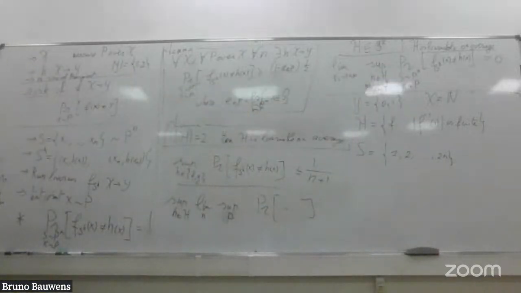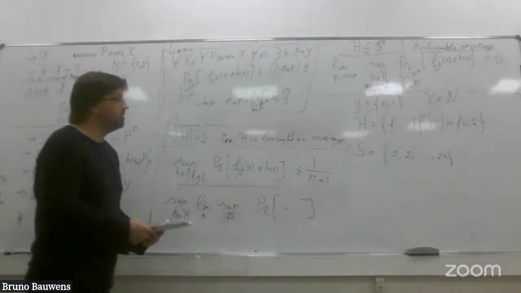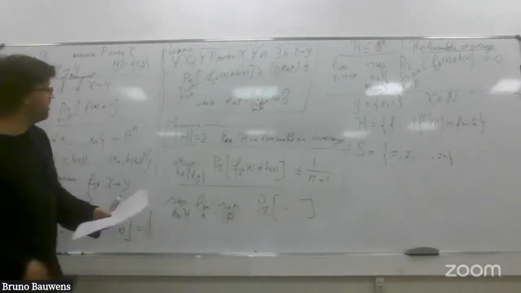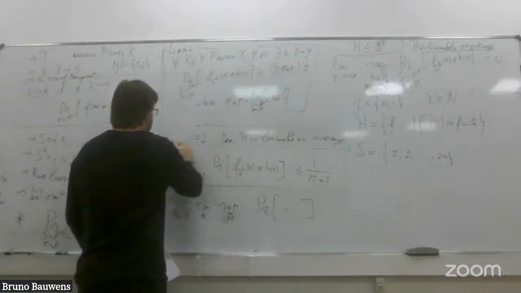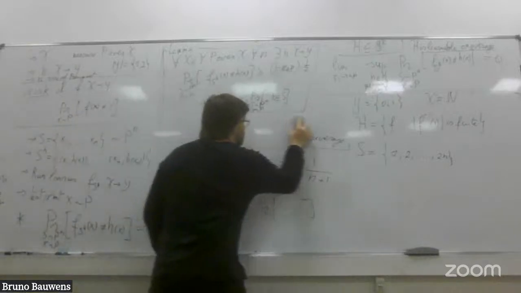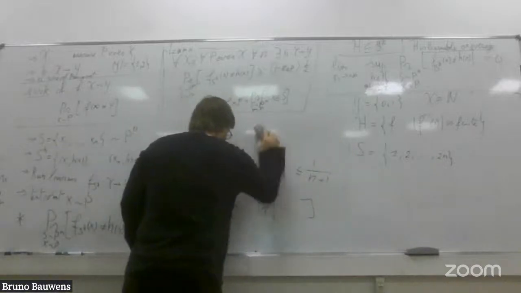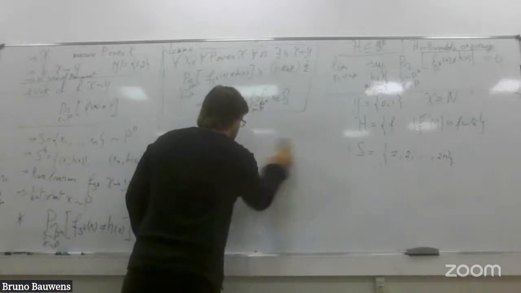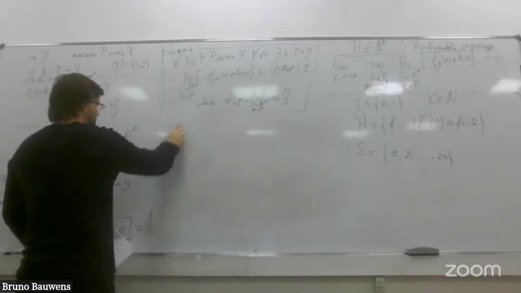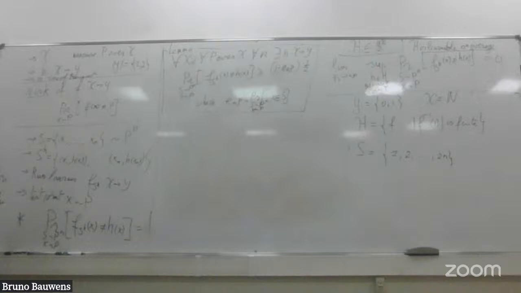Okay, let me say it more clearly. What we want now, two things from our learning algorithm. We want that the output classifier has small risk, so we call a classifier good if it has small risk, and we want this to happen with high probability.